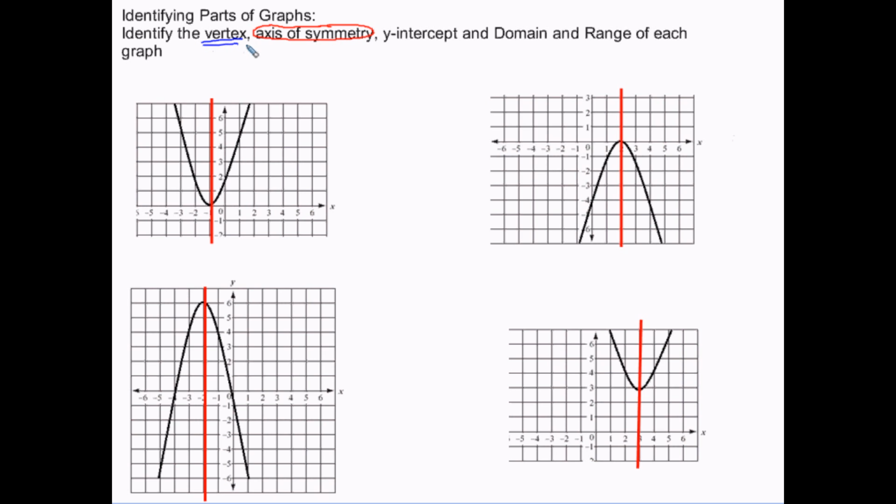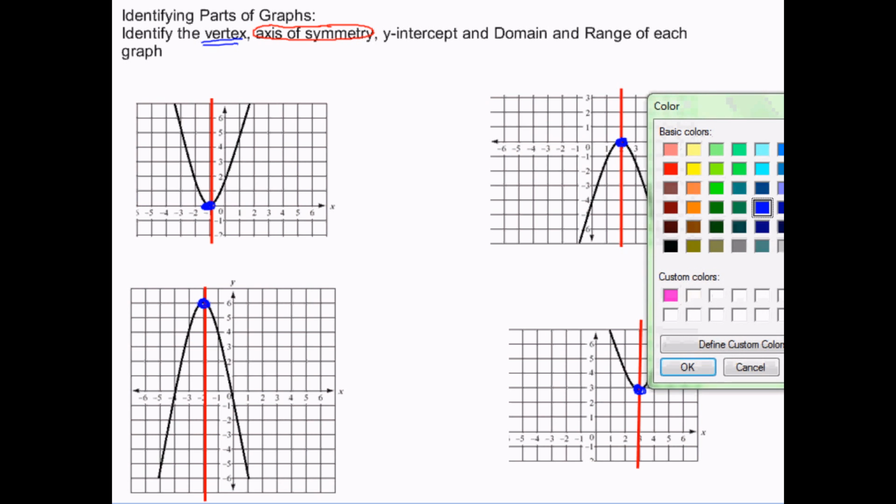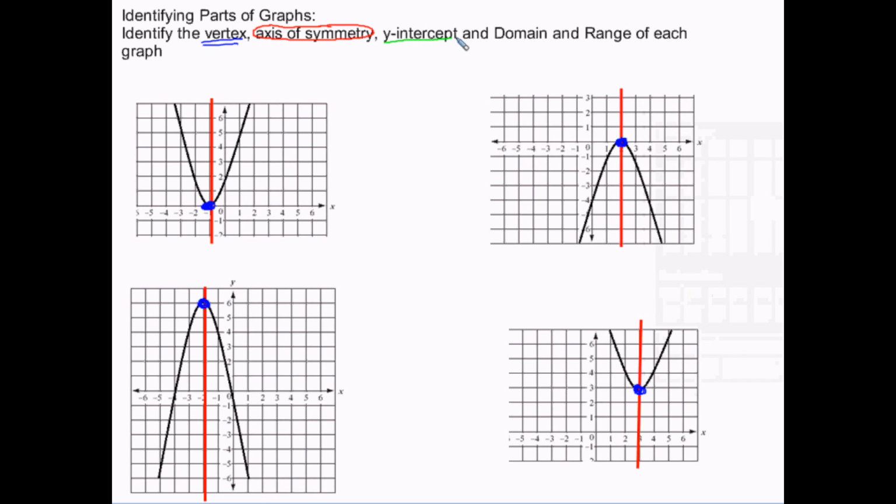Our vertex or vertices are the lowest or highest points on the graph. Here's the vertex. Here's this vertex, vertex, vertex. The y-intercept is the point where we cross the y-axis.